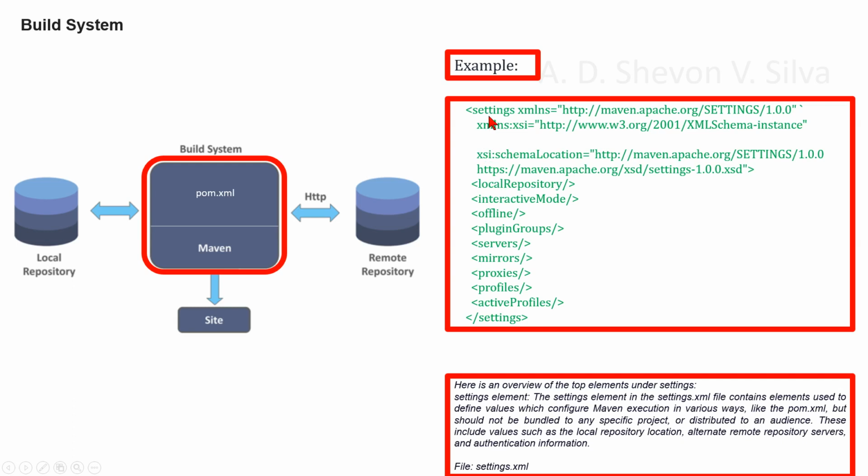These include values such as local repository location, alternative remote repository servers, and authentication information. So this is in settings.xml file.